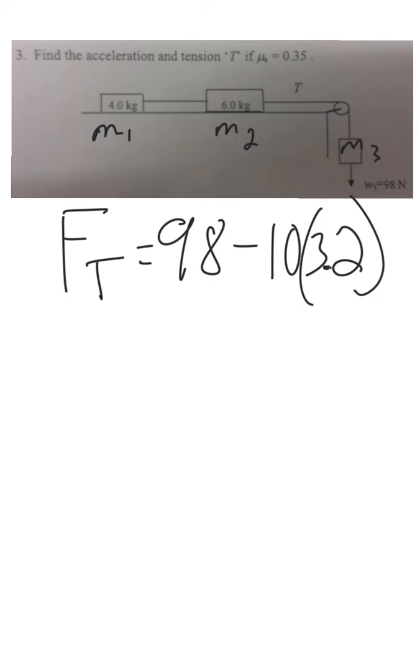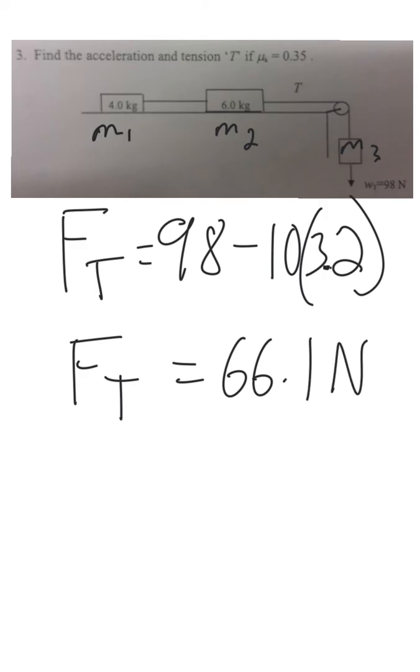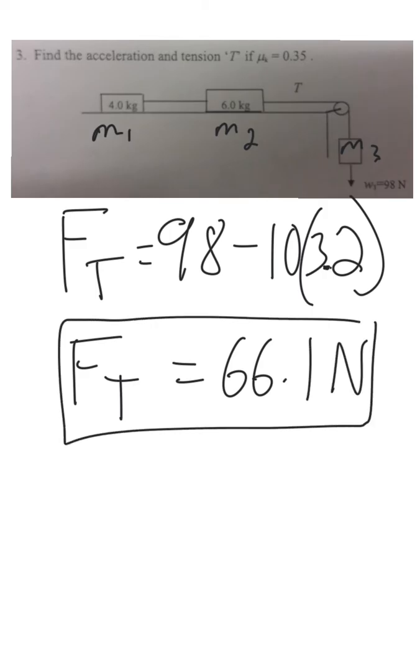All right, now that means Ft comes out to be 66.1 newtons. And that is your tension. That's it. So acceleration came out to be 3.2, and your tension came out to be 66.1 newtons. There are other ways to do this, many different ways. I do want to show you them.